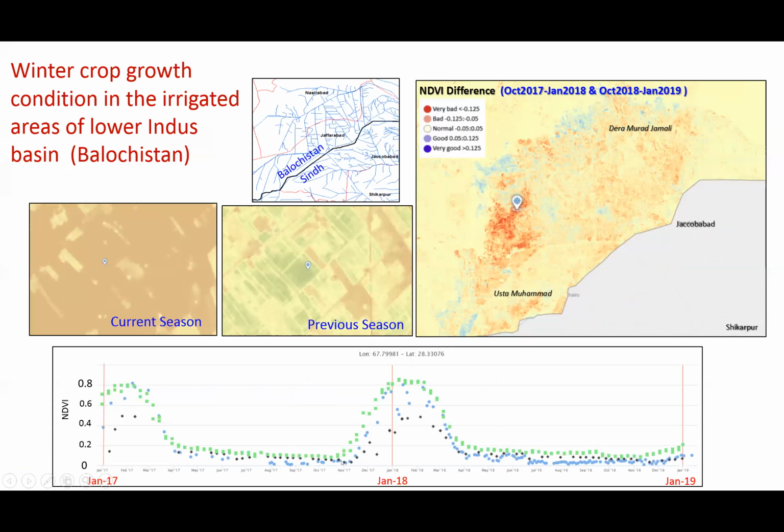Wheat is cultivated in November, and then it reaches the peak in the month of January, and then it comes back. So this is all vegetation.